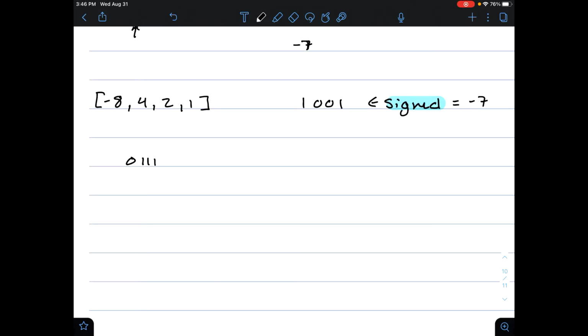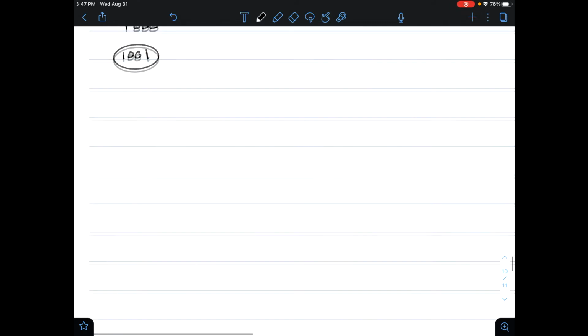Every 0 will be turned into a 1, and every 1 will be turned into a 0, and after that you add 1. And you see that is the exact same as when we did the math. So that's just a really quick way to do it if you don't want to do the math.